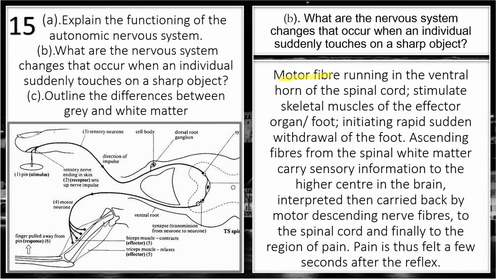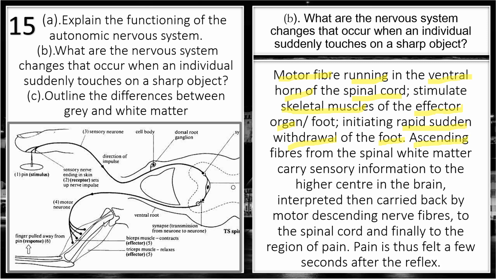The motor fiber running in the ventral horn of the spinal cord stimulates the skeletal muscle of the effector organ, or the foot or the finger, initiating a rapid sudden withdrawal of the foot.